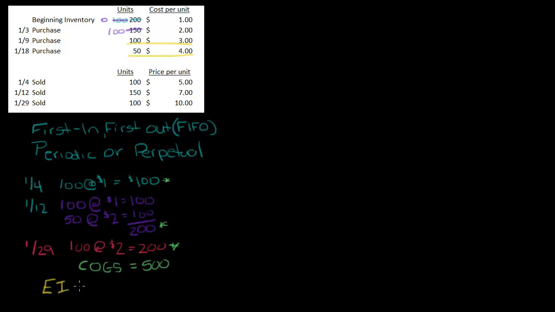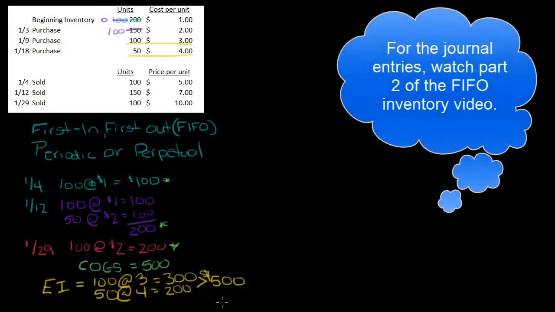Ending inventory is equal to 100 at 3, which is 300, plus 50 at 4, which is 200. So if you add those two together, ending inventory is 500. So that's what's left over at the end. Cost of goods sold goes on our income statement, and ending inventory goes on our balance sheet.